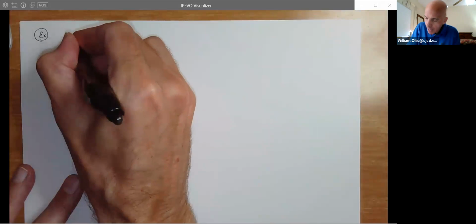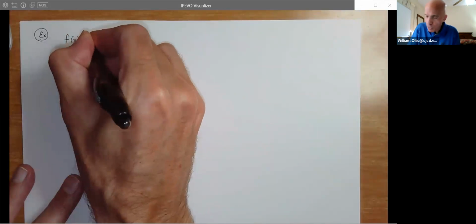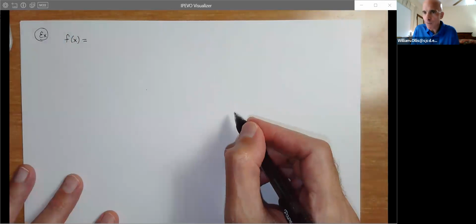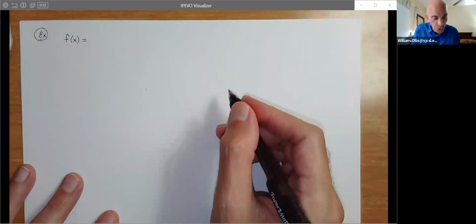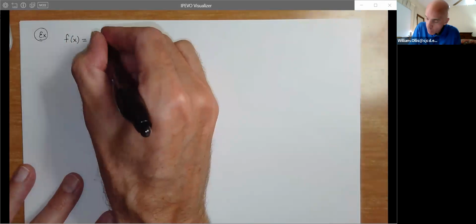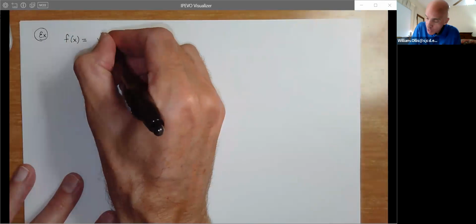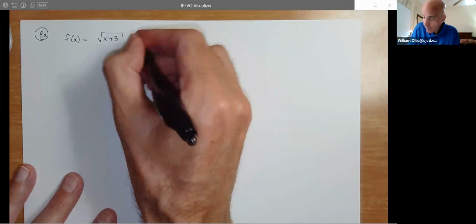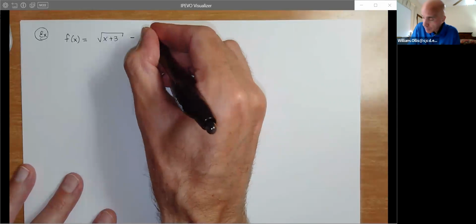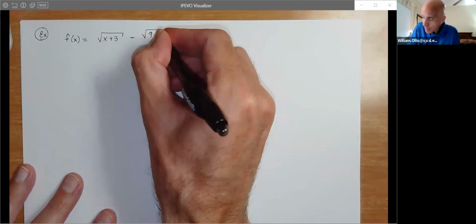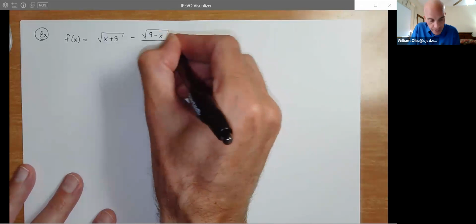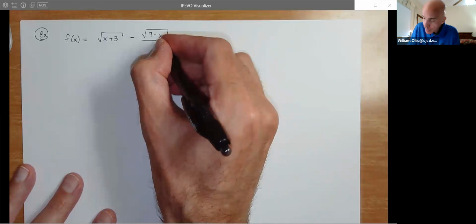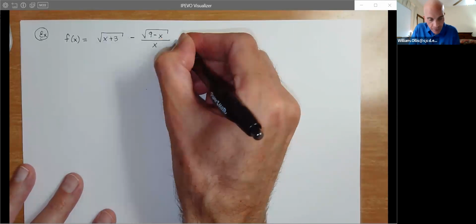We have F of X, and we'll have to use some other letters since the WebAssign used F. We'll use maybe a G and an H. So we have F of X equals the square root of X plus 3 minus the square root of 9 minus X, divided by X.